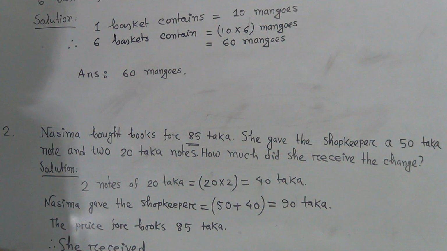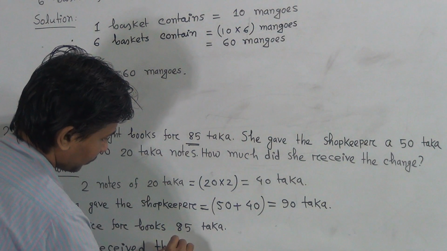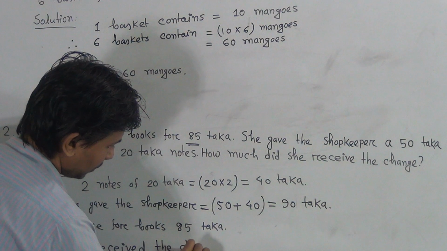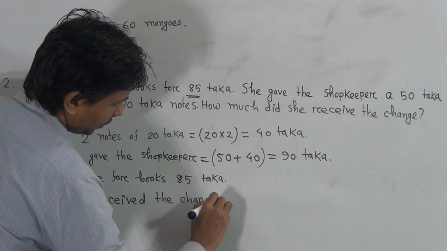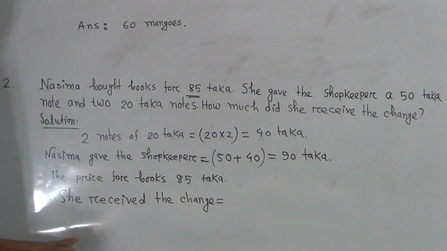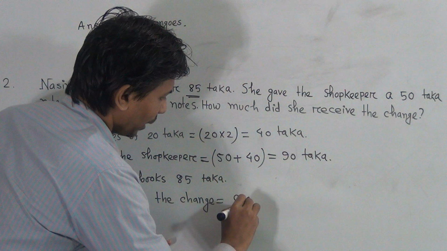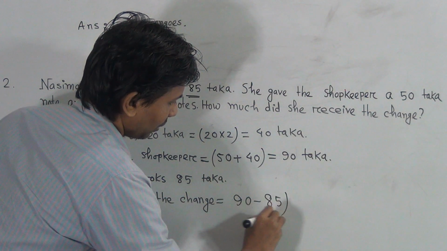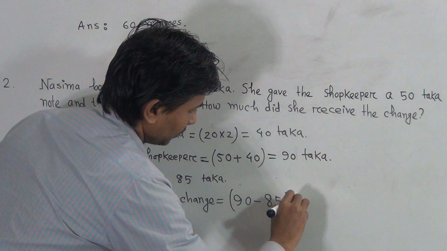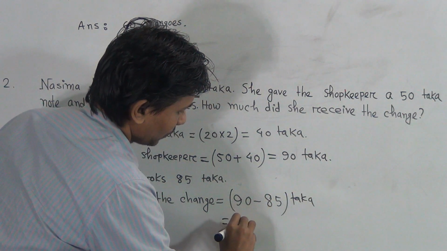She received the change. How much taka? 90 minus 85 taka is equal to what? 5 taka.